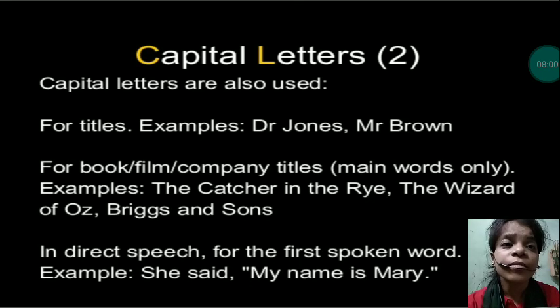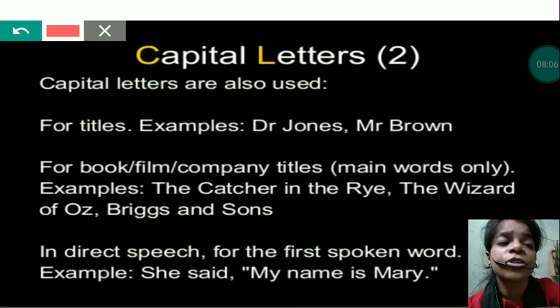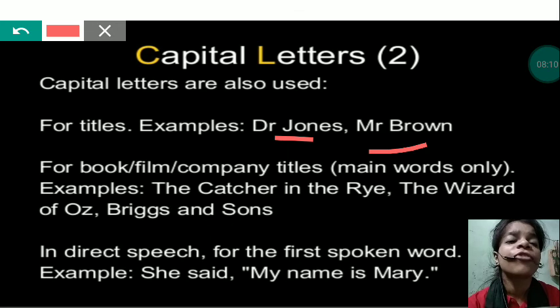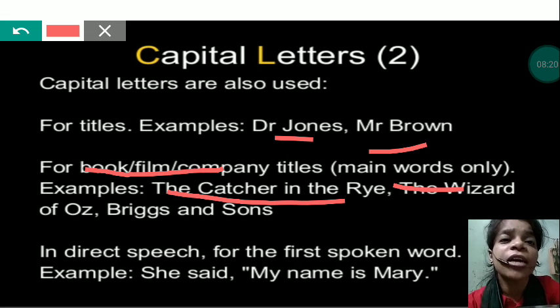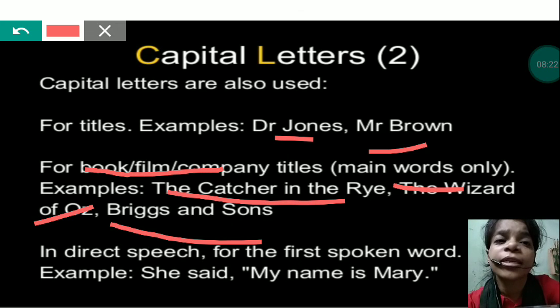Then we use capital letters to write titles like Dr. Jones, Mr. Brown, and for book, film and company titles. You could say these are also proper nouns: The Catcher in the Rye, The Wizard of Oz, Briggs and Sons.